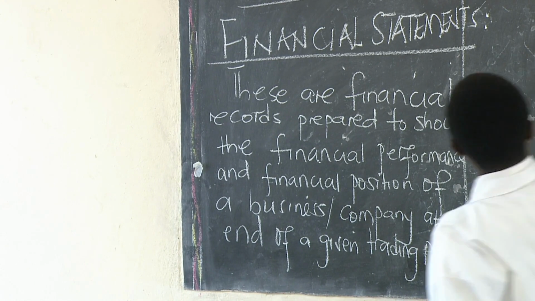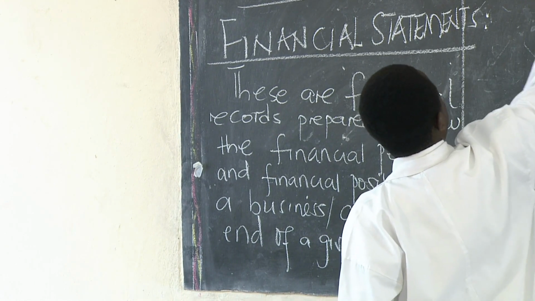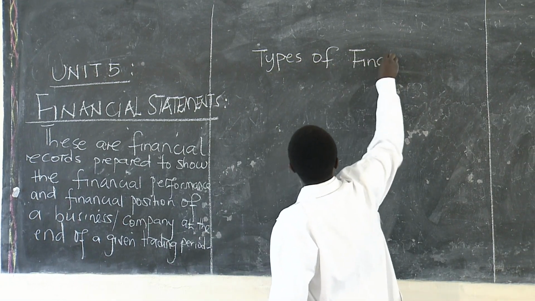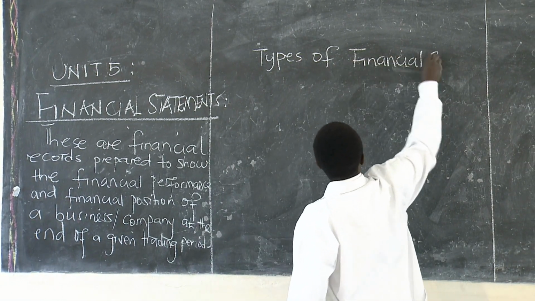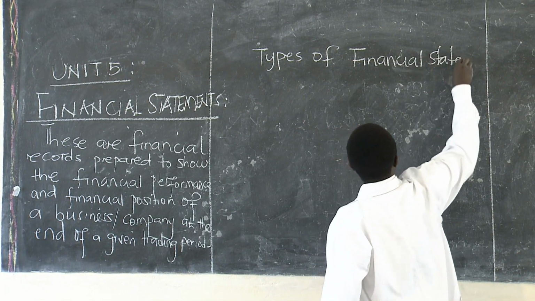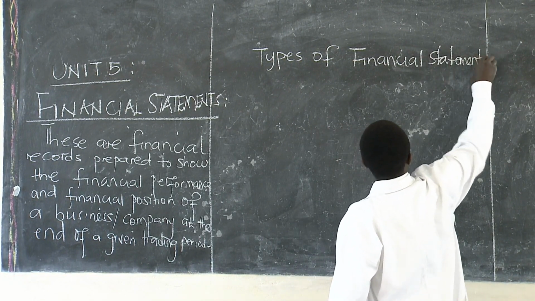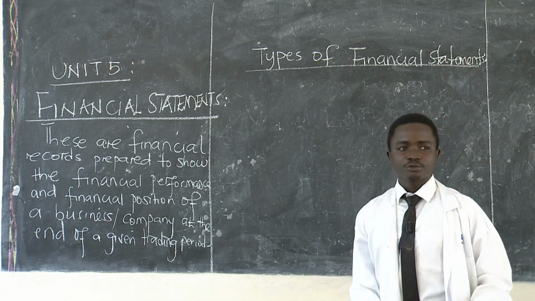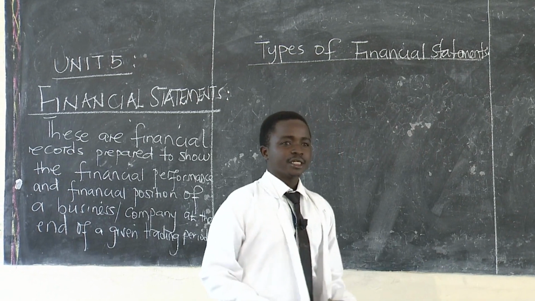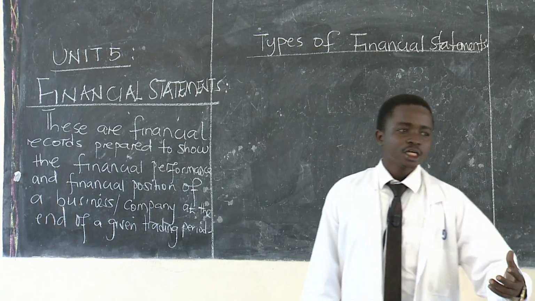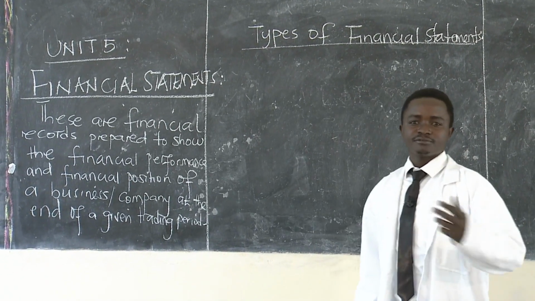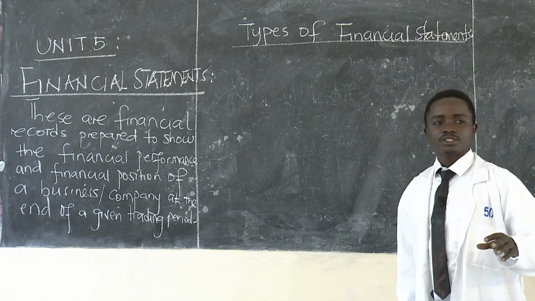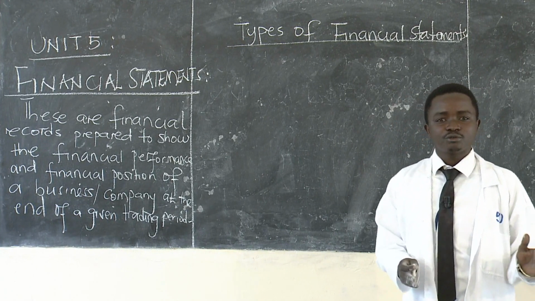So we have to look at the types of financial statements. Students, you must know that when you are carrying out any trading activity, when you are running a sole proprietorship, or when you have a company, you have to prepare these financial statements at the end of a given trading period.